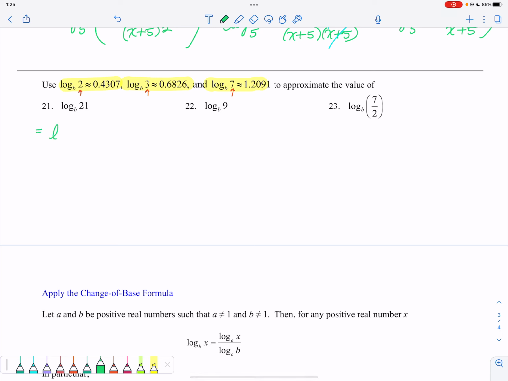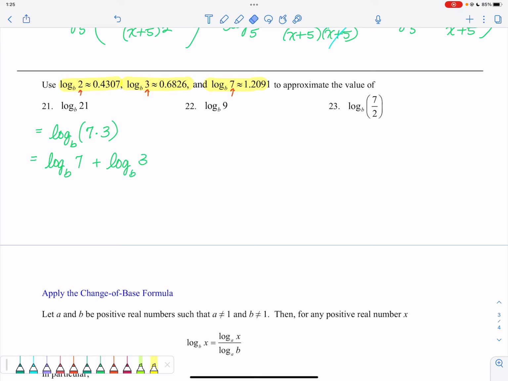So we could say that the log base b of 21 is equal to the log base b of 7 times 3. That's the log of a product. And the log of a product is the sum of logs.